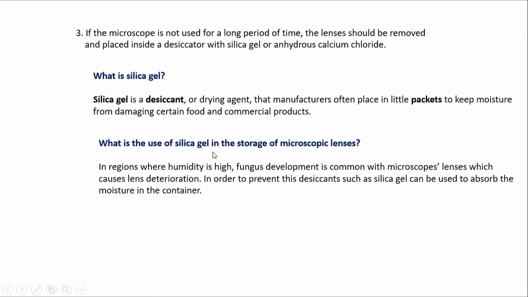So what is the use of silica gel in the storage of microscopic lenses? In regions where humidity is high, and humidity is the concentration of water vapor present in the air, fungus development is common with microscope lenses, which causes lens deterioration. Deterioration means damage.